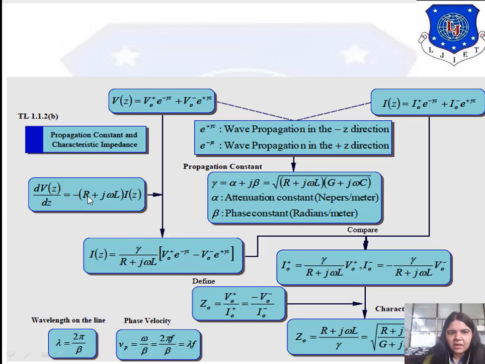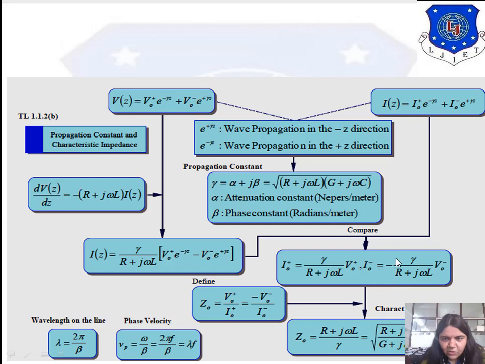Now recalling the equation dVz by dz is equal to minus (R plus j omega L) Iz, we can put the Iz value, I0 plus e raised to minus gamma z plus I0 minus e raised to plus gamma z. So this is the equation for Iz, and after taking the I0 plus, we have the real part and the imaginary part.